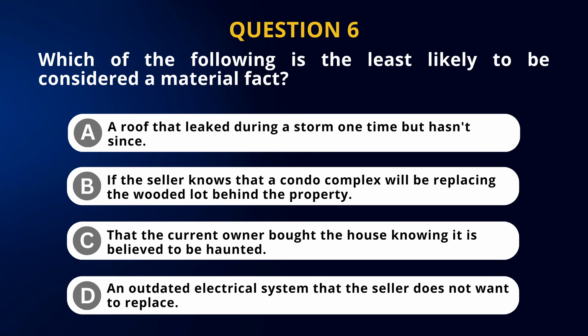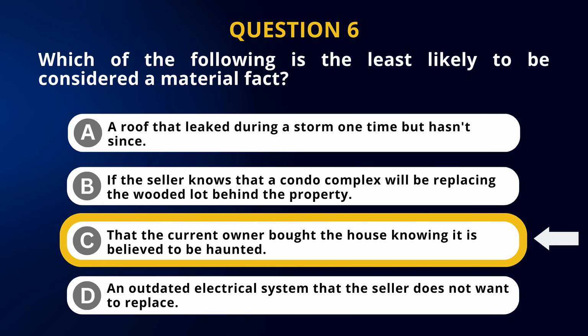Letter D, an outdated electrical system that the seller does not want to replace. Which of the following is the least likely to be considered a material fact? And the answer is letter C, that the current owner bought the house knowing it is believed to be haunted.